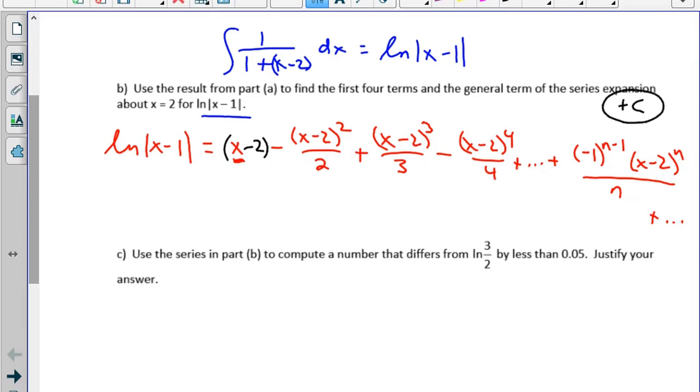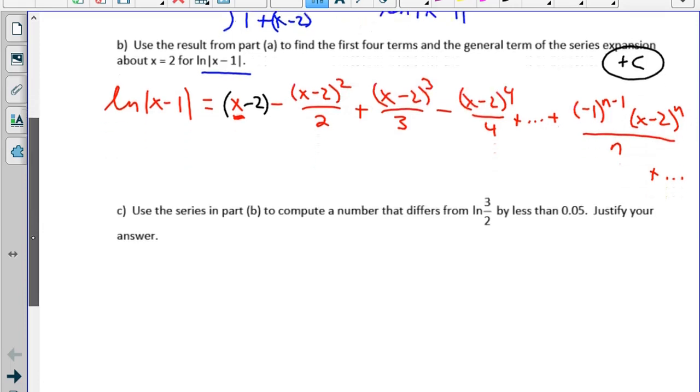So I can make that c equal to negative 2, because then that will make everything look nice, and it'll make the general term make sense. So that's something you might want to keep in mind.